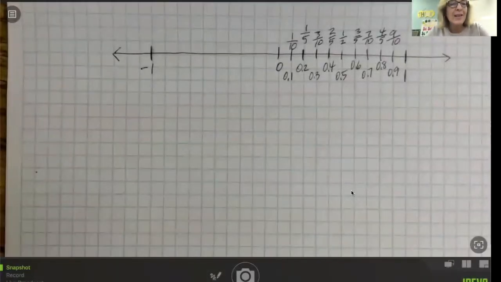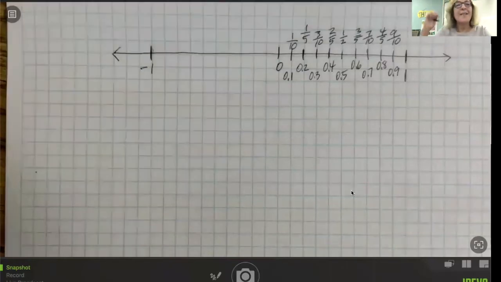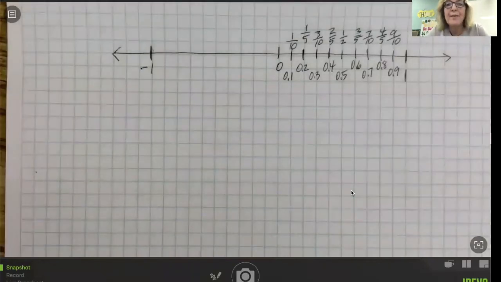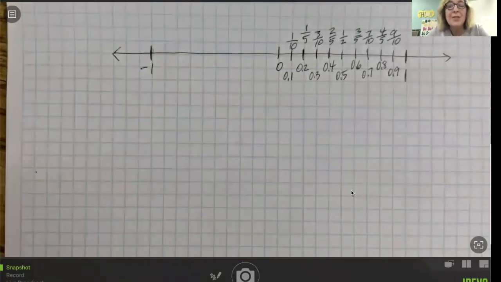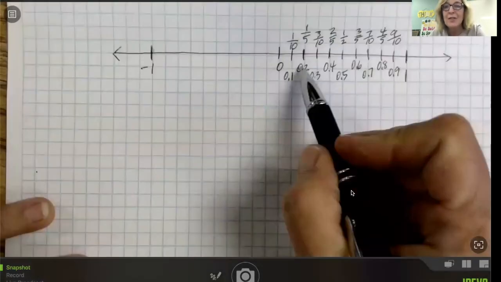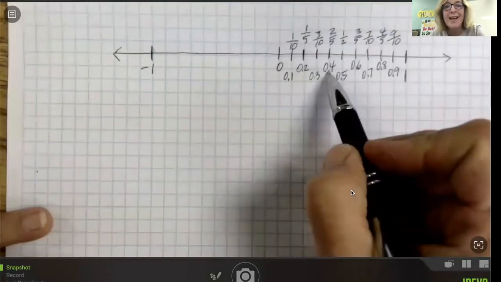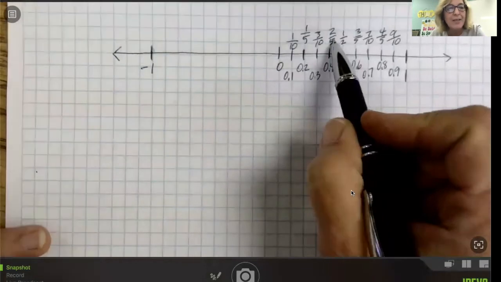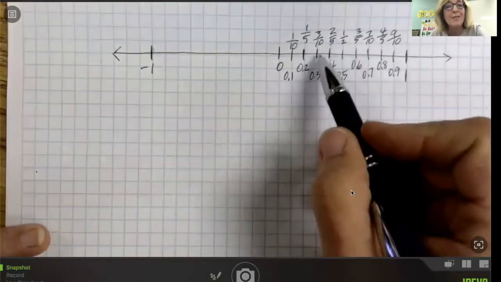All right, so I've added in the fractions that needed to be simplified. One pattern you might have noticed is that the first fraction that needed to be simplified was 2/10, which simplifies to 1/5. The next one was 4/10, which simplifies to 2/5. Do you see that pattern there? That the fifths are the simplest form of some of the tenths.